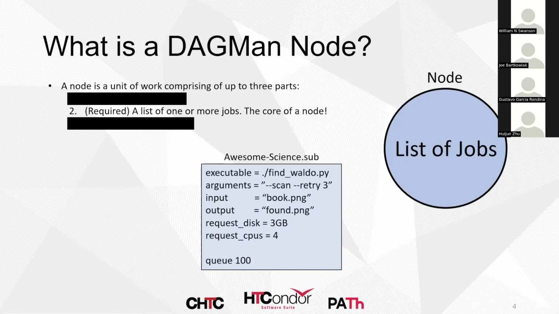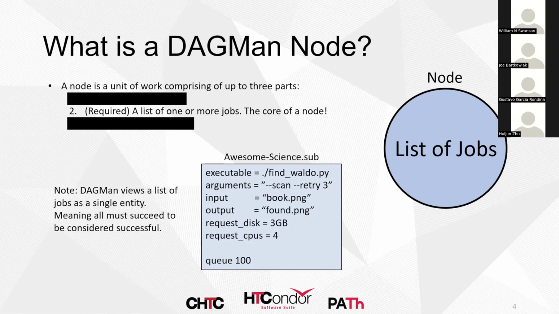And by single job, I mean we have a sample submit file right here, and we're queuing 100. DAGMan didn't allow this back in the day. This did change many years ago, but our rhetoric for talking about this did not move along with it.